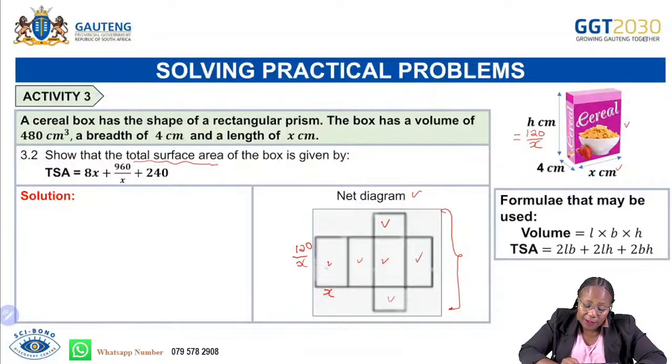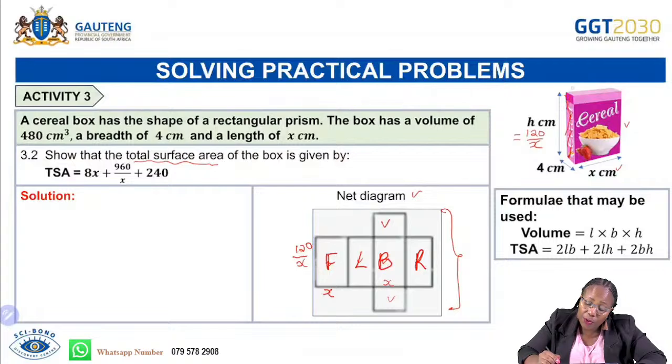So this is the front, and this one is the back part. These are sharing the same dimensions, which is 120 throughout, okay? And then the x side there. So now for the left and right, we are taking this part here.